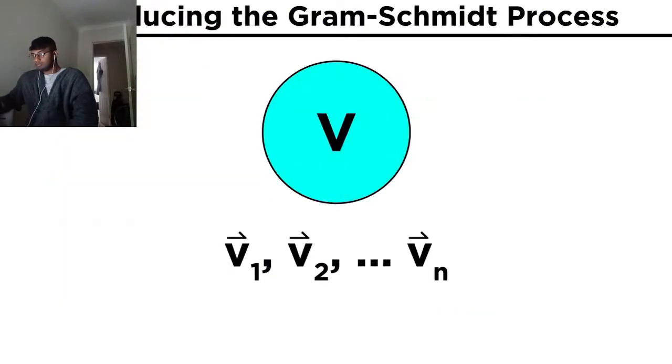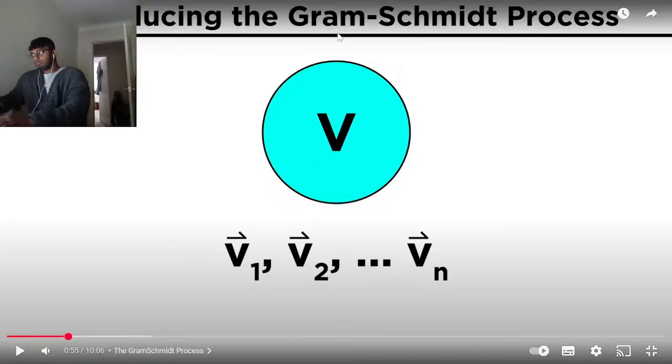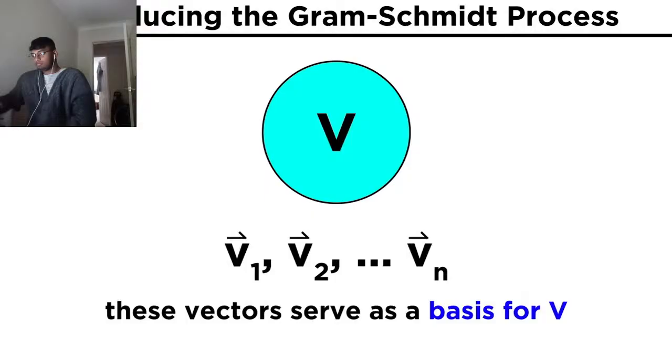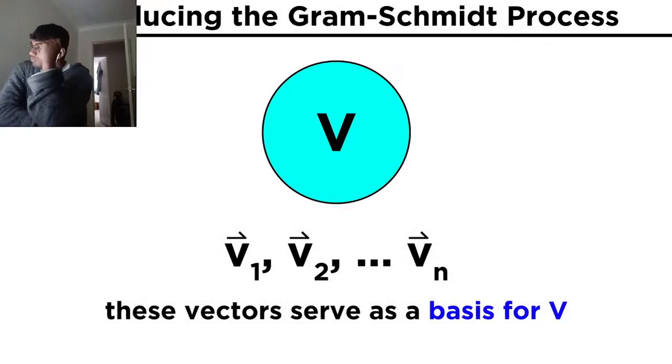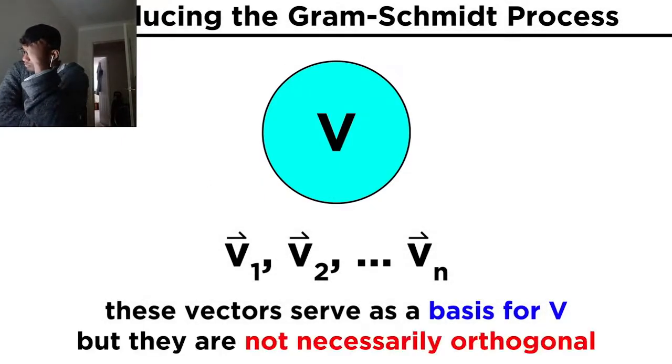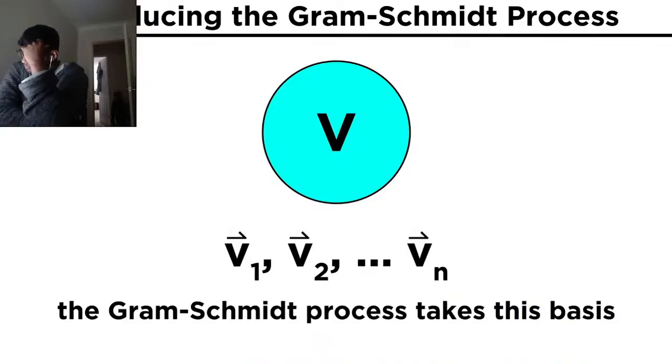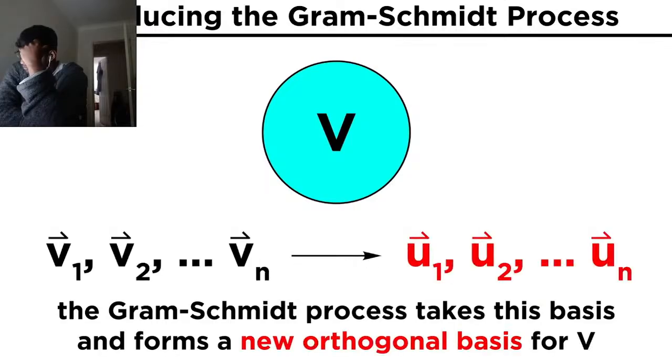To see how this works, let's examine the vectors v1 to vn, which serve as a basis for the vector space V. Our only requirement for these vectors is that they form a basis. We are no longer assuming any orthogonality between them. The Gram-Schmidt process takes these vectors and forms a new orthogonal set of basis vectors, which we will label u1 to un.